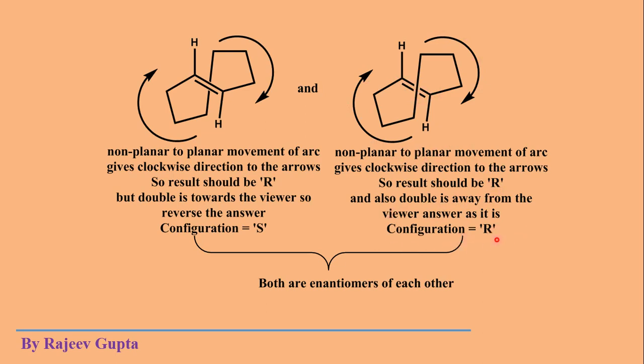So the configuration is capital R. These two structures are mirror images of each other, which are not superimposable. It means both are enantiomers of each other. So this is the description of RS assignment of chiral axis and chiral plane.